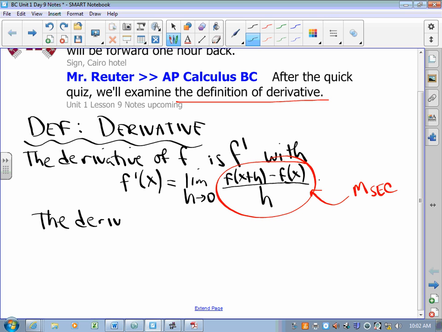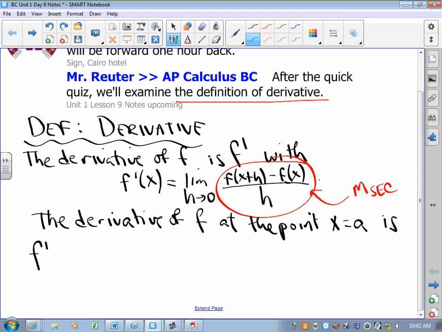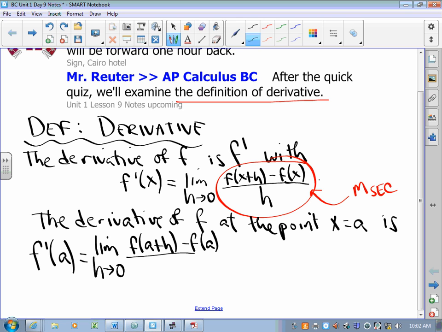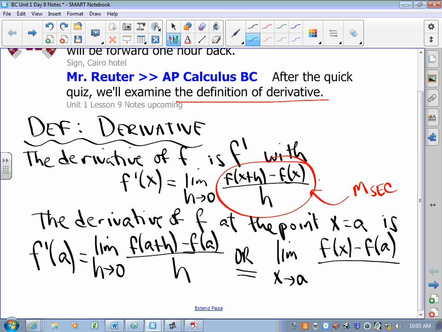The derivative of the function f at the point x equals a is, well, first of all, we call it f prime at a, and it is the limit as h approaches 0 of f of a plus h minus f of a all over h, or it is the limit as x approaches a of f of x minus f of a over x minus a.